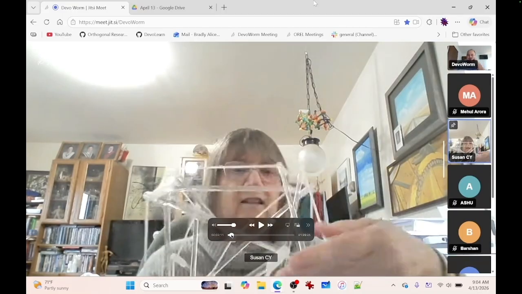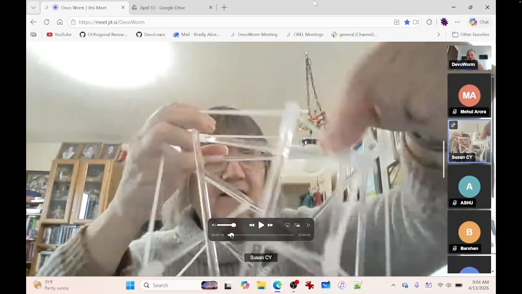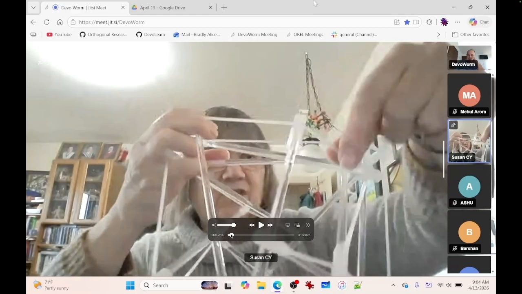You can't really see it very well here, but it's this translucent structure with these struts and these joints where they join together. And those are important in the tensegrity structure, getting that periodicity right and everything. So she was showing that off.